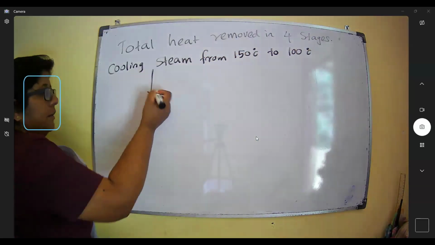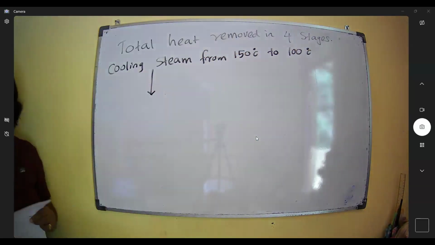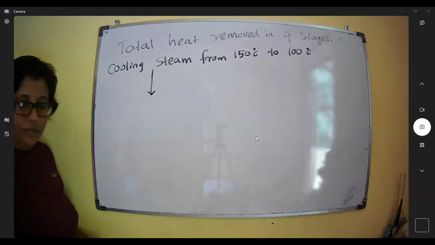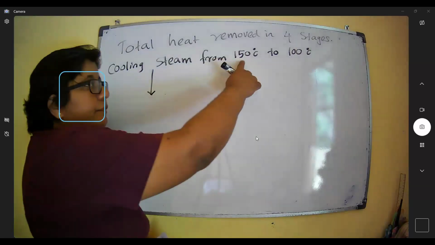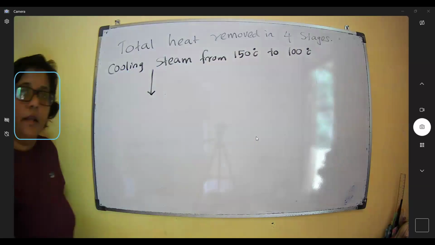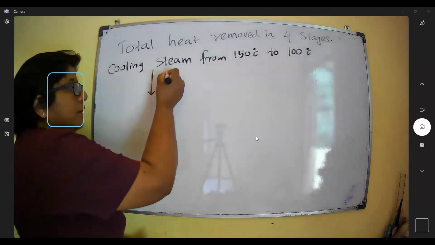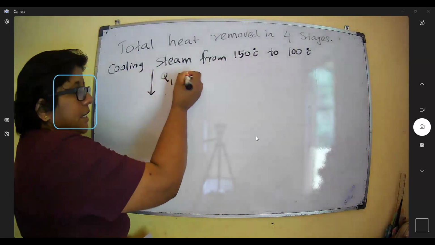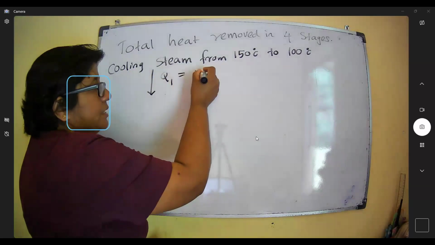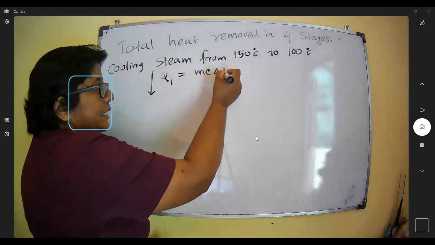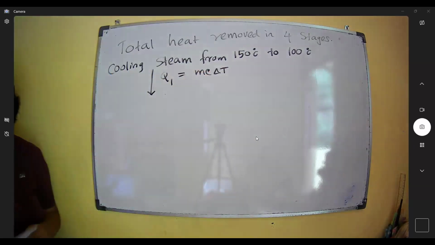Then we can find the energy required for this process, from 150 to 100 Celsius. In the question, you can see there is a temperature change. Then we find Q1. If there is a temperature change, remember the equation Q = mcΔT, the energy removed, right?